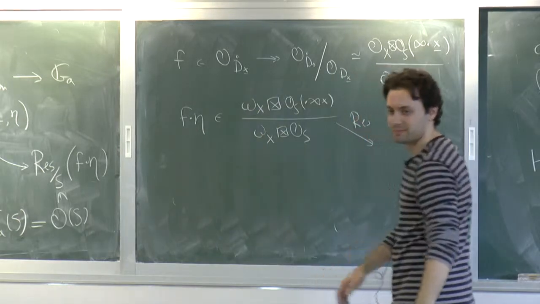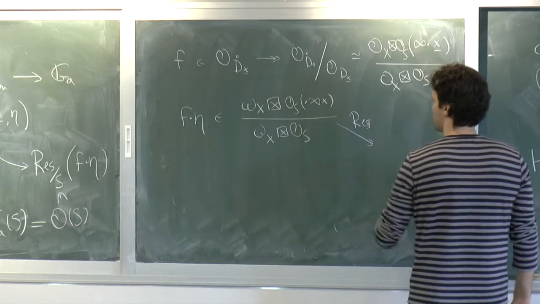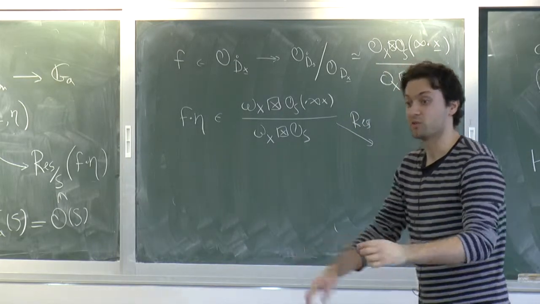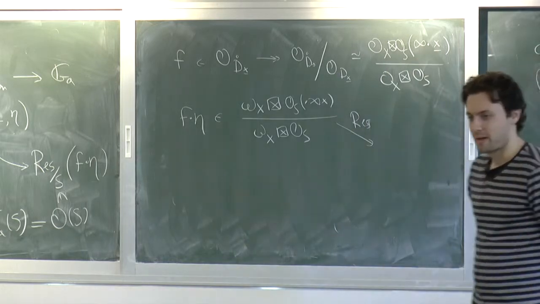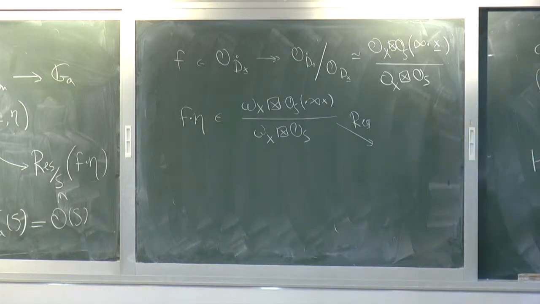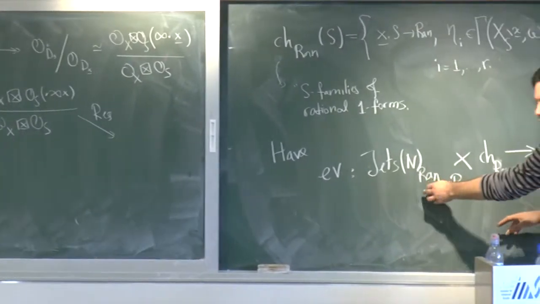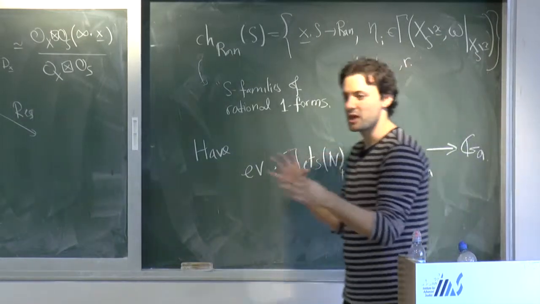My only observation is that before you looked at generic objects which you didn't want to have a divisor. Now I really do. That's a very good point. I really want to have a divisor. In other words, in order to define this evaluation map, I need the Ran version of jets, not the generic version I was saying with a domain and so on.